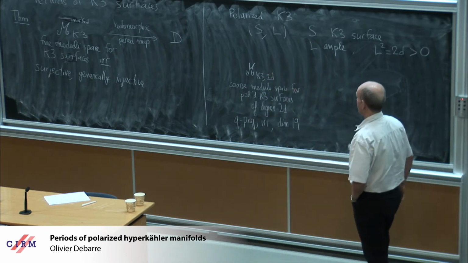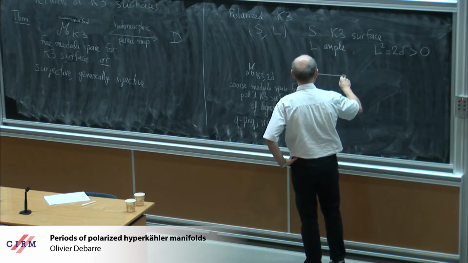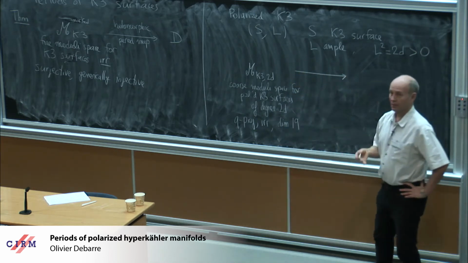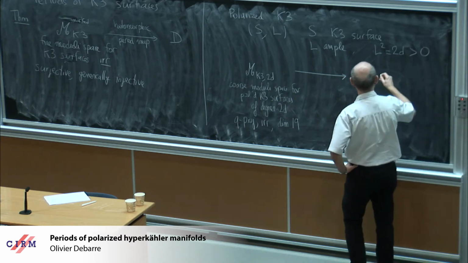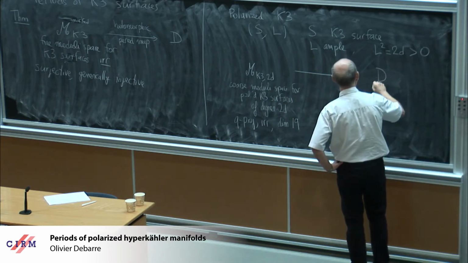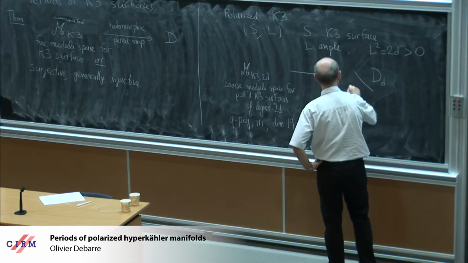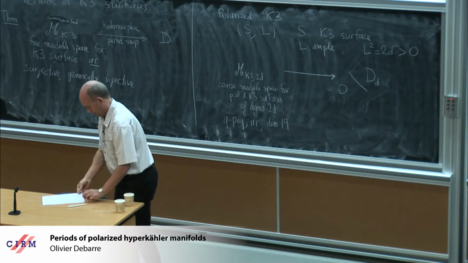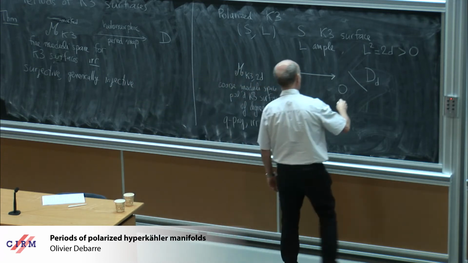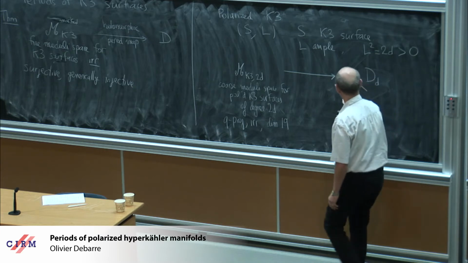Okay, and so we have a period map. Okay, so now I've forgotten about the marking. So as Bruno explained, we need to take the quotient here of some period domain by some arithmetic group. Okay, so let me just write O for some arithmetic group.